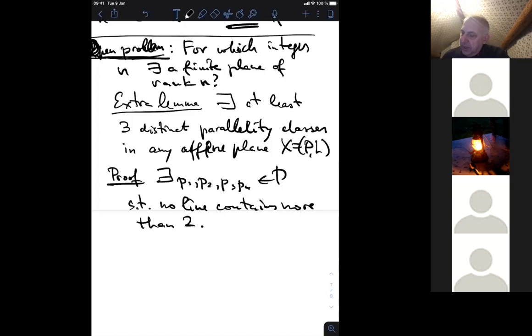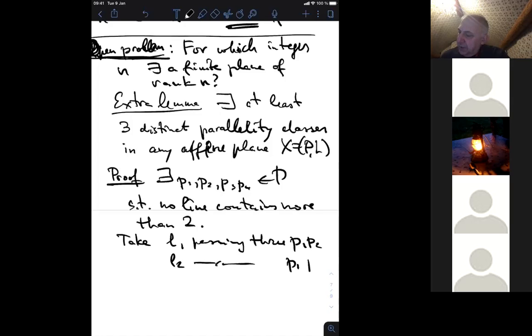Now take 3 lines: L1, passing through P1 and P2, L2 passing through P1 and P3, and L3 passing through P1 and P4.